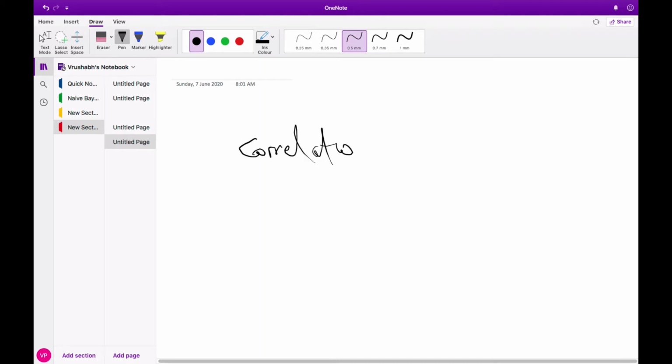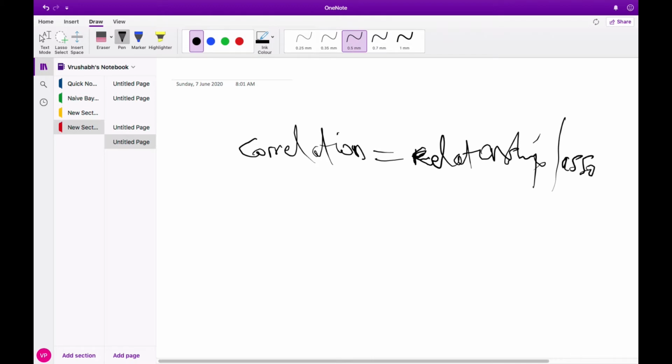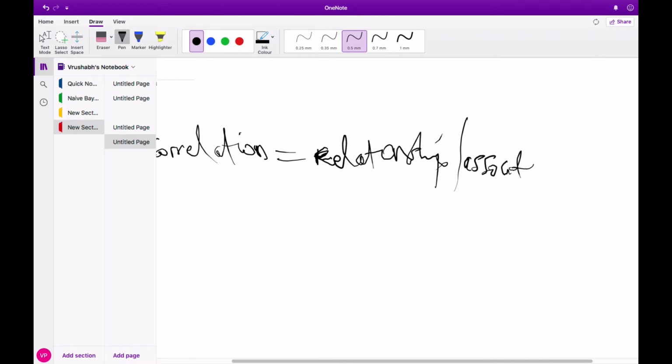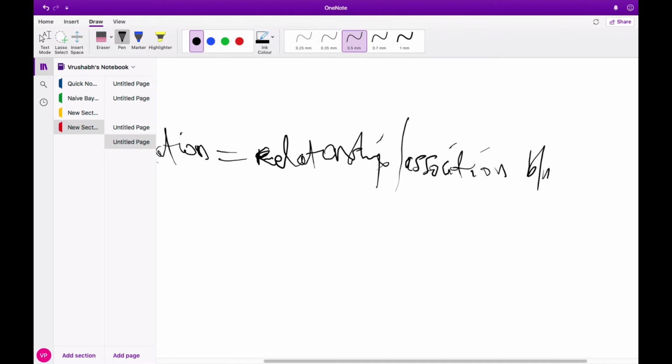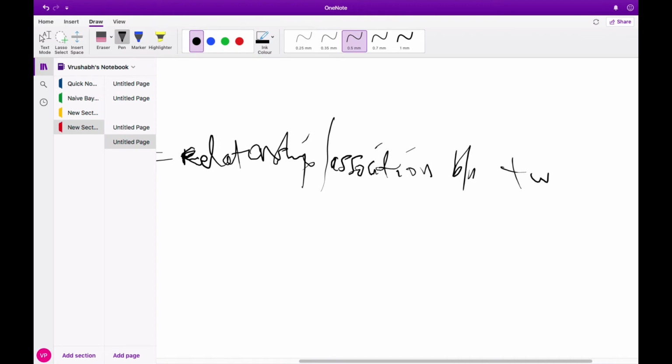When we talk about correlation, what we mean is that we want to measure the relationship, or association, between two variables.